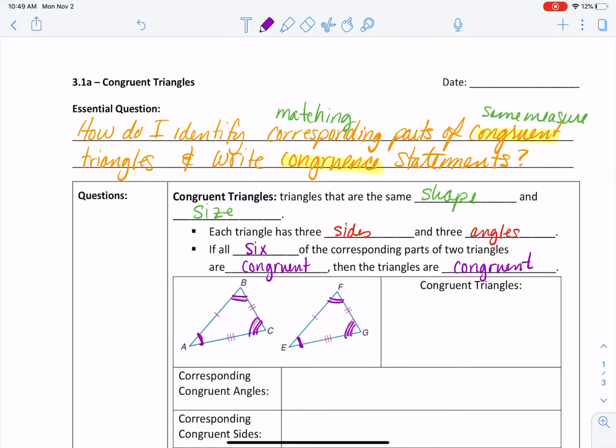So then I have to look at all 3 sides: AB matches EF, BC matches FG, and CA matches GE. So because of that, I can say that triangle ABC is congruent to triangle EFG.